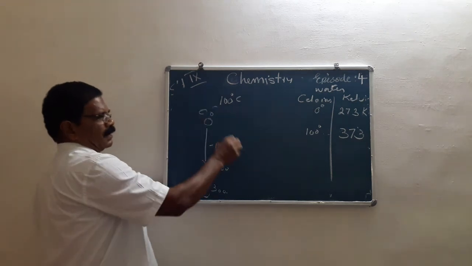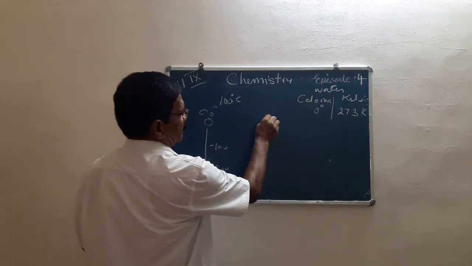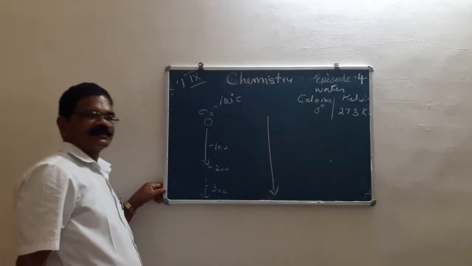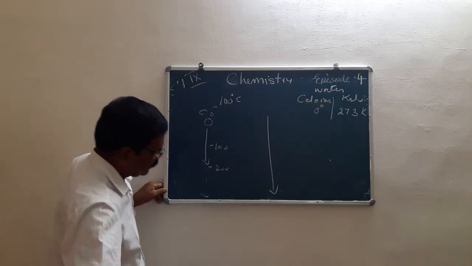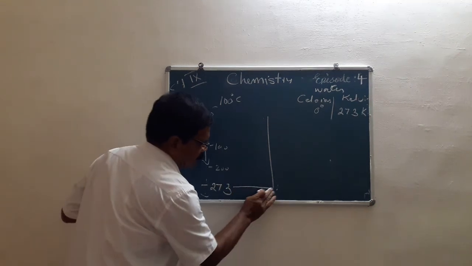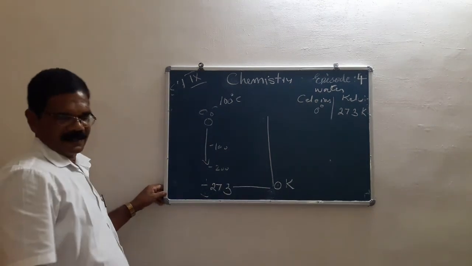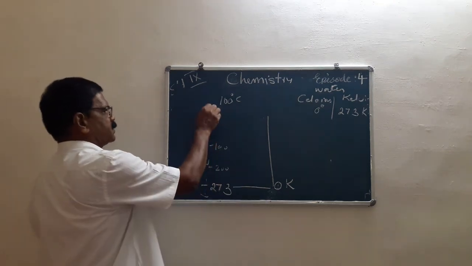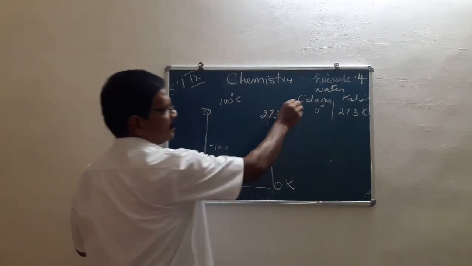But in the Kelvin scale, Kelvin found that the lowest temperature a substance can attain is minus 273. Kelvin denoted this temperature as 0 K. Then as the temperature increases, it becomes 273 K when Celsius reaches 0.